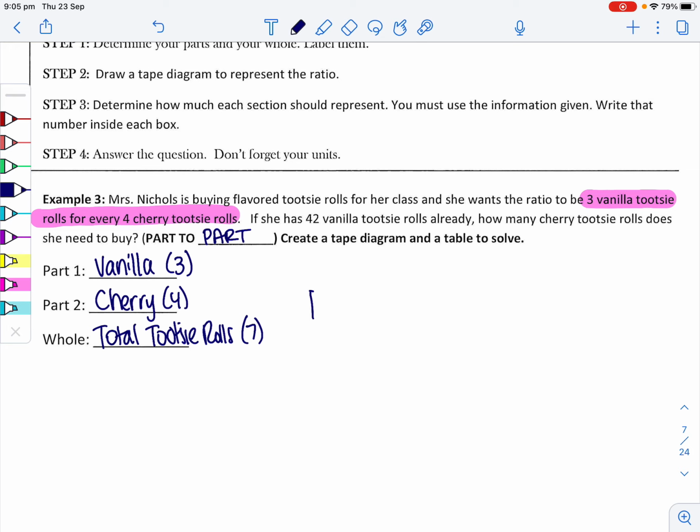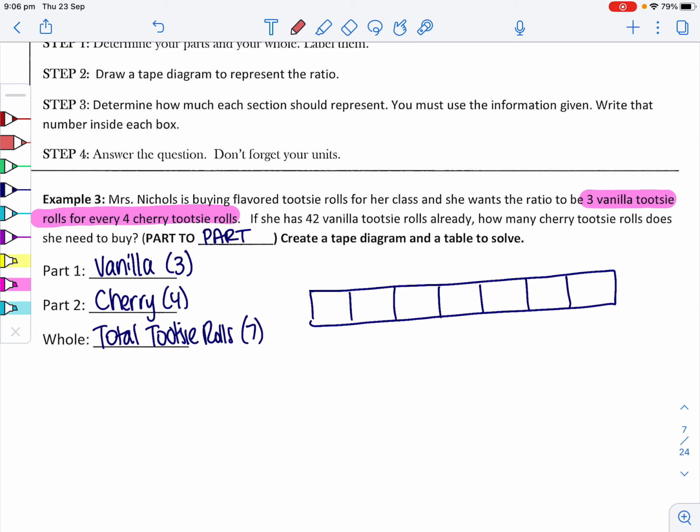So I'm going to draw my tape diagram. 1, 2, 3, 4, 5, 6, 7 gives me 7 boxes. And then I'm going to, after the third box, draw in my line so that the left side represents vanilla and the right side represents cherry.